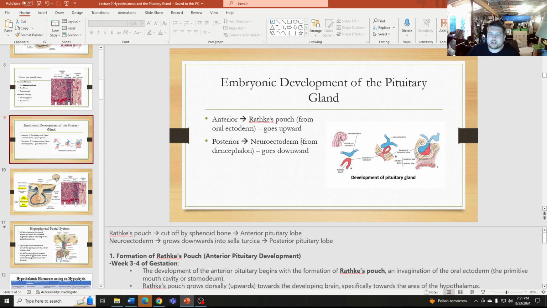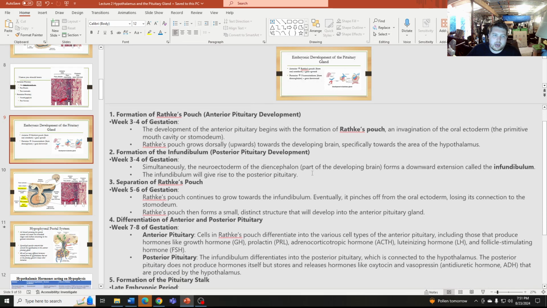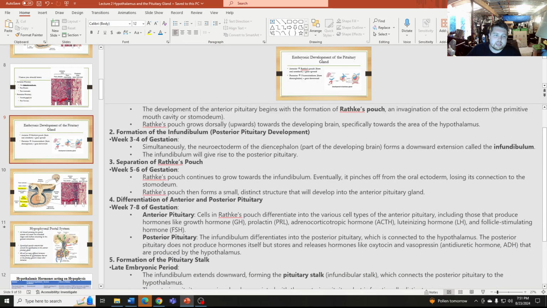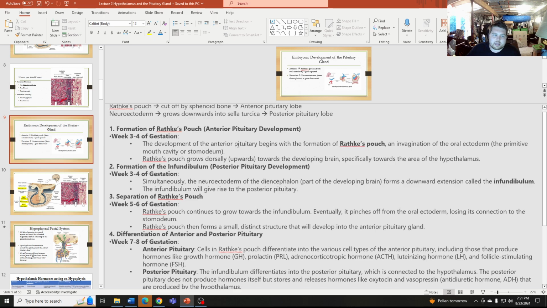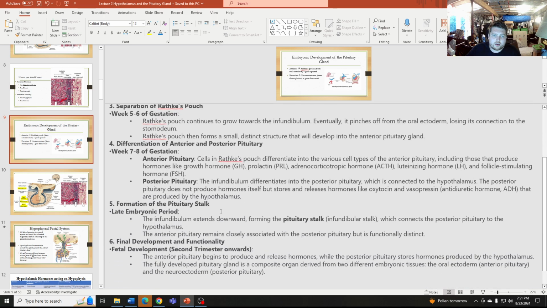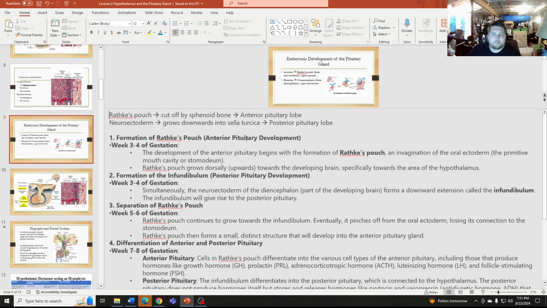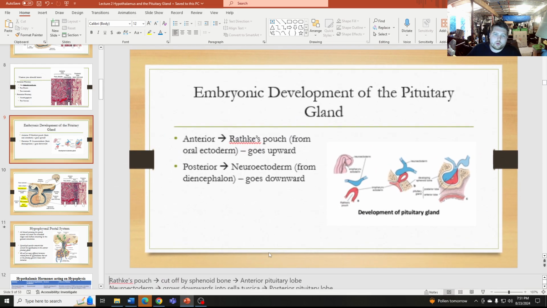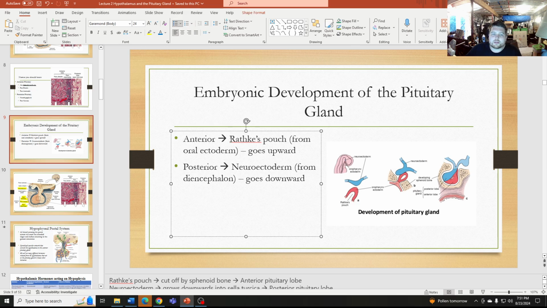So here's the embryonic development of the pituitary gland. I went ahead and spelled it out completely for you, the whole step-by-step development of all of these. But really what we want to remember is that the anterior pituitary gland comes from an embryonic structure called Rathke's pouch, which is from the oral ectoderm.